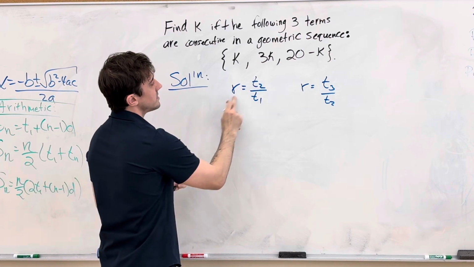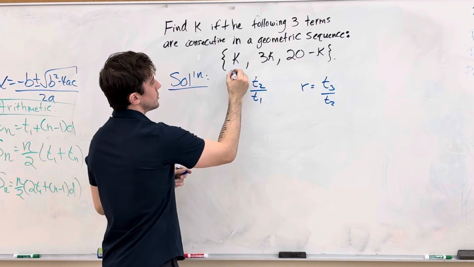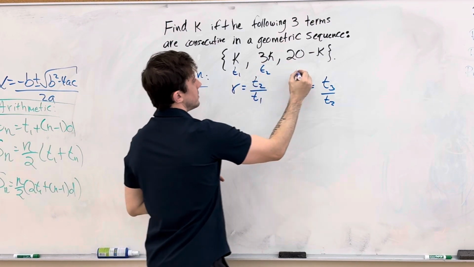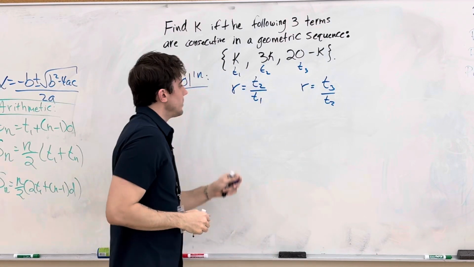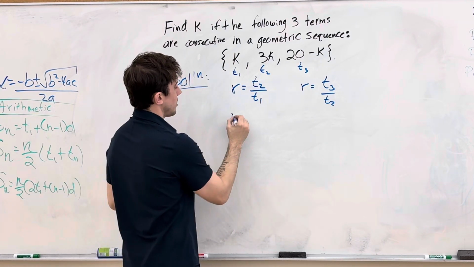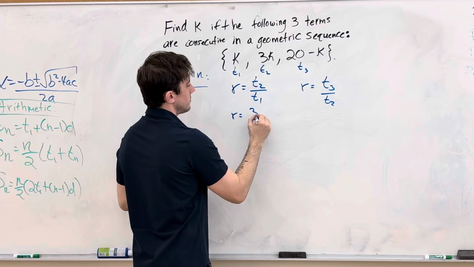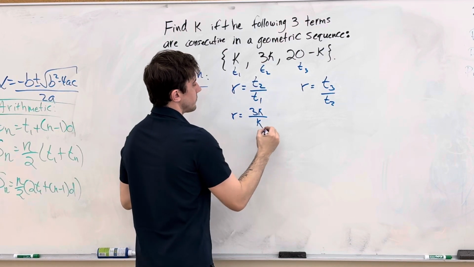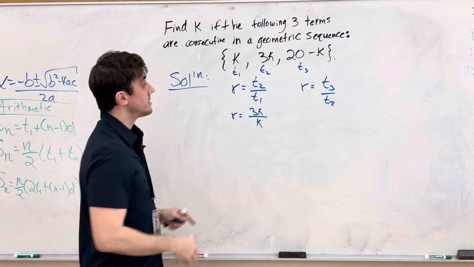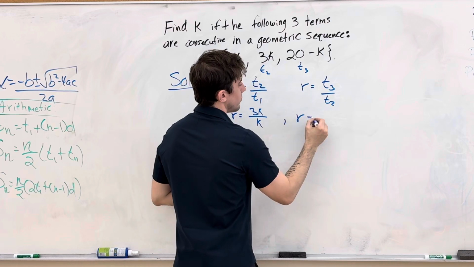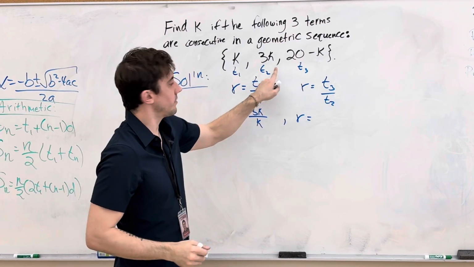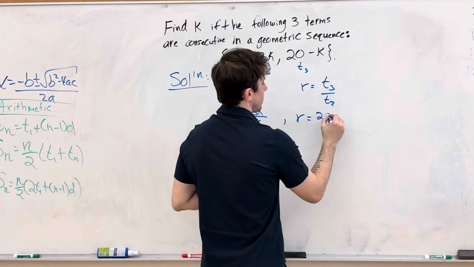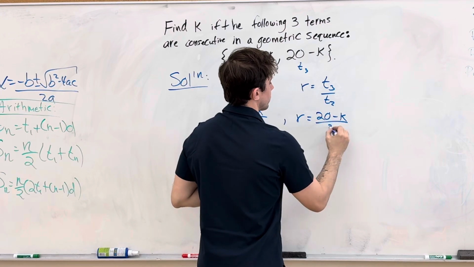So since r is t2 divided by t1, we can assume that this acts like t1, this t2, and this t3. We can set up this equation first as r is equal to 3k divided by k, right? t2 divided by t1. Separately, we can get a second equation for r as t3 divided by t2, and so that looks like 20 minus k over 3k.